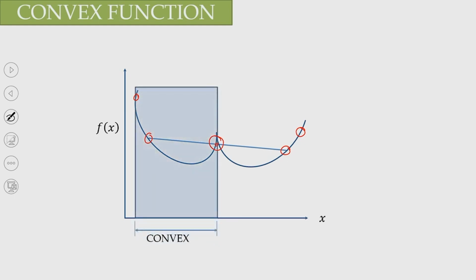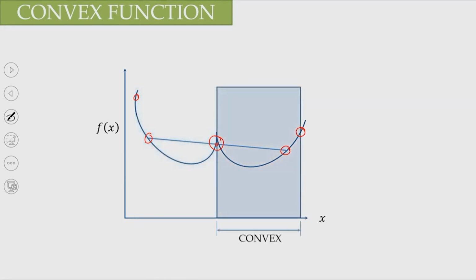But if I consider this as lower bound and this as upper bound, then this function is convex between these 2 bounds. If I also consider this lower bound as u and upper bound as k, then also the function is convex, because if I take any 2 points on this particular region, that line is not cutting this curve.